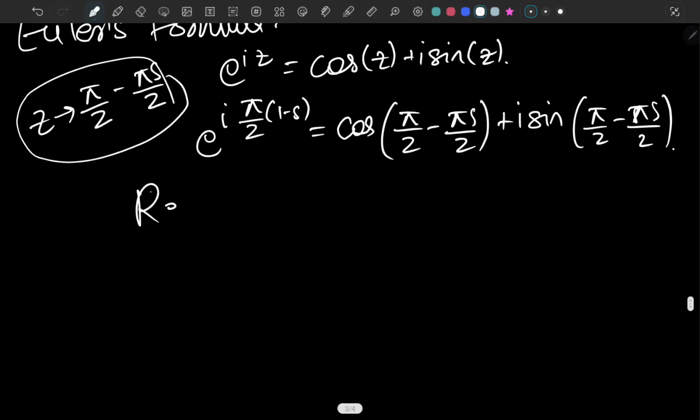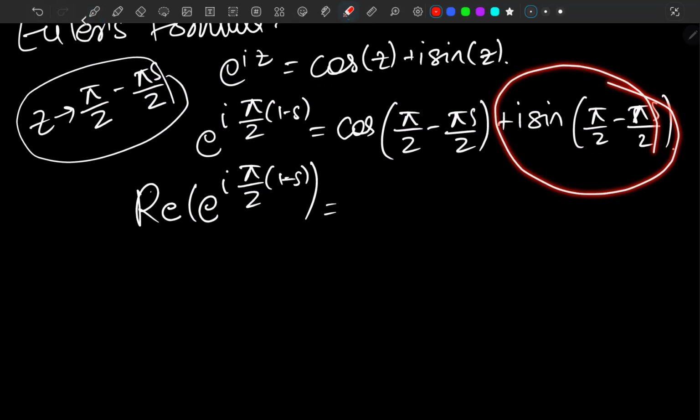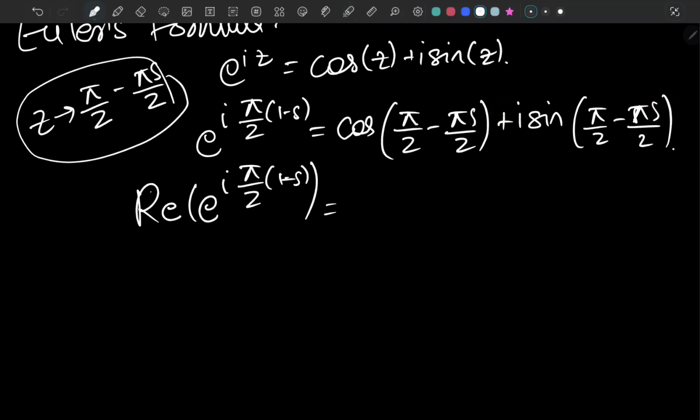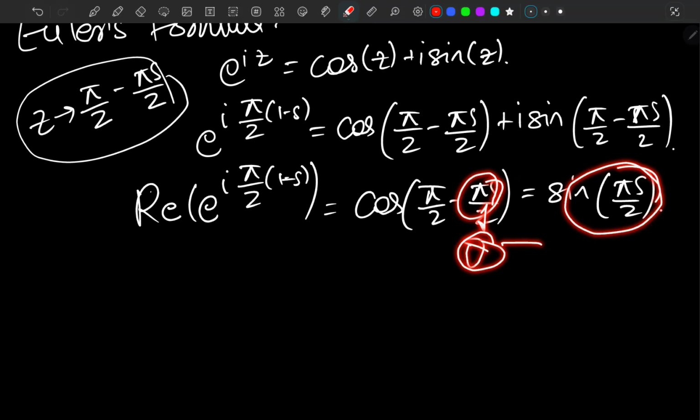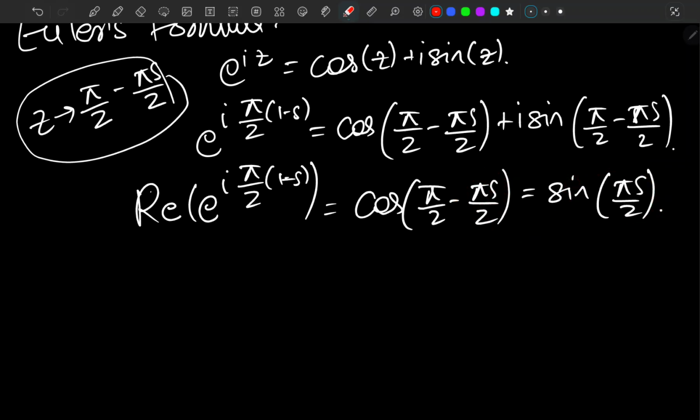If we take the real part, we get rid of the imaginary term, so we have cosine of (pi over 2 minus pi s over 2), which can also be written as sine of pi s over 2, because cosine of pi over 2 minus theta is sine of theta, and sine of pi over 2 minus theta is cosine of theta, so it's vice versa.